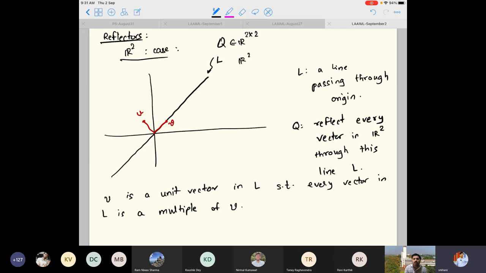So basically, this is a unit vector. I have chosen that. And what is U? U is another unit vector. But now, what is the property of U? U is orthogonal to V, right?